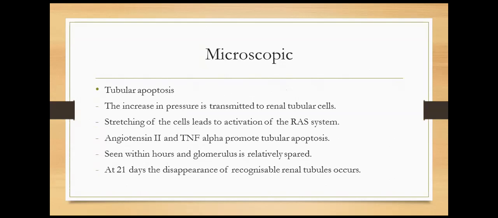And in terms of microscopic changes, the pattern here follows that. Number one, you get tubular apoptosis, which is caused by the increased pressure transmitted to the renal tubules, stretching the cells and activating the renin-angiotensin system, which, as I've explained in the previous slide, together with tumor necrosis factor, will cause apoptosis of renal tubular cells.